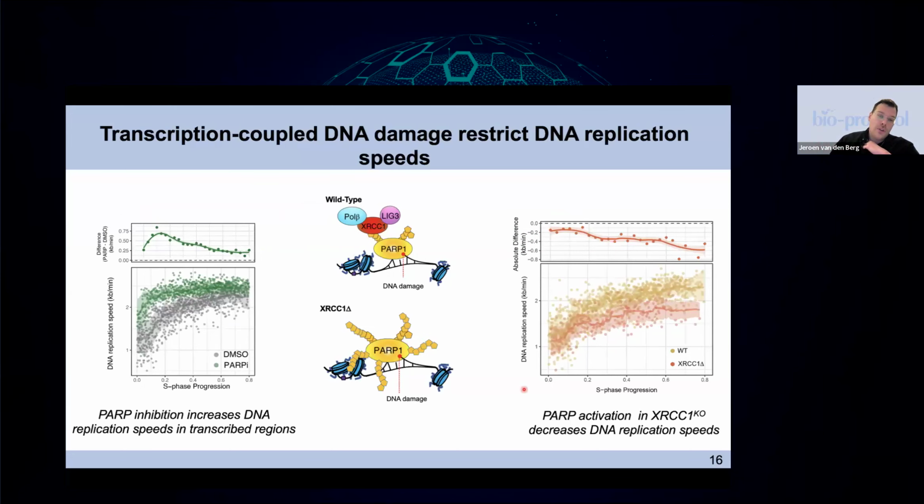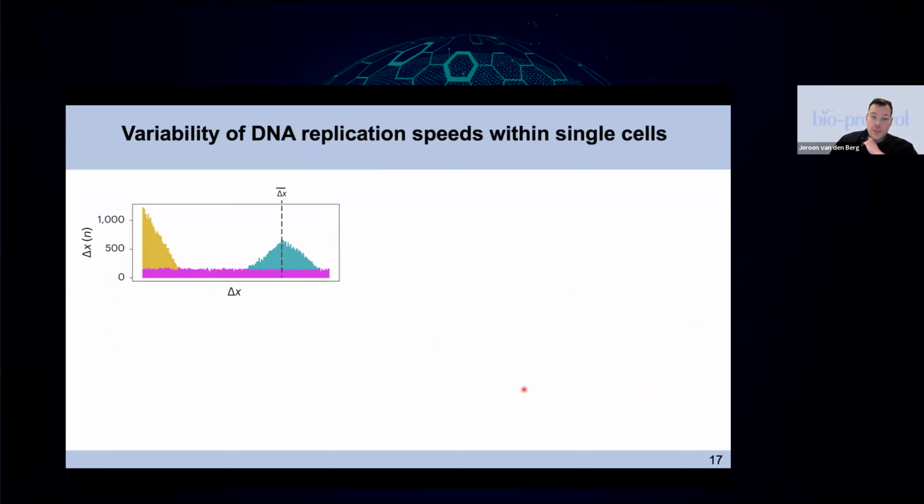So now I've talked about speeds and how we can quantify this and uncover some interesting interactions between transcription, DNA damage signaling, etc. However, there's also another measurement we can make from this distribution that I haven't told you about. Again, what we've done up till now is only quantify the midpoint of this cyan distribution.